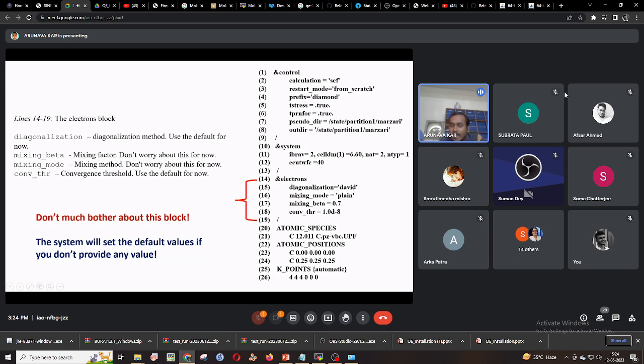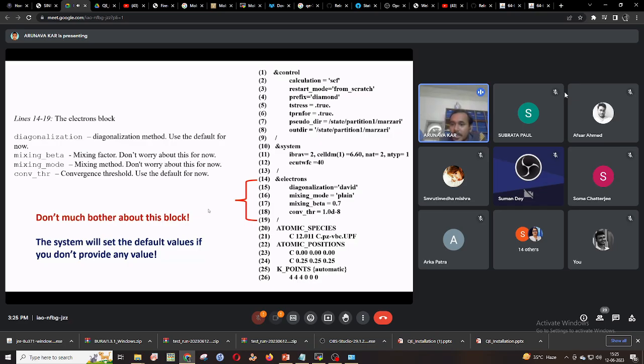What I showed in the earlier slide, the Kohn-Sham equations, the computer will try to solve these through the diagonalization method. If you don't understand it, you can set the system's default values. No problem. The system will do the computation according to these values, and these are the default values I'm using. So don't bother much about this. The system will take care of this.